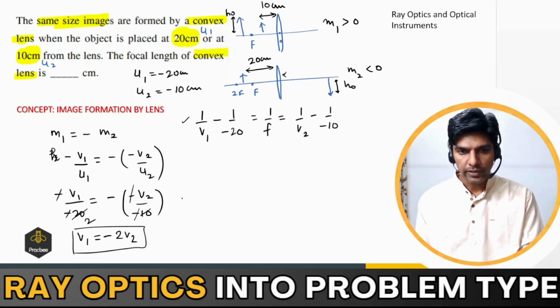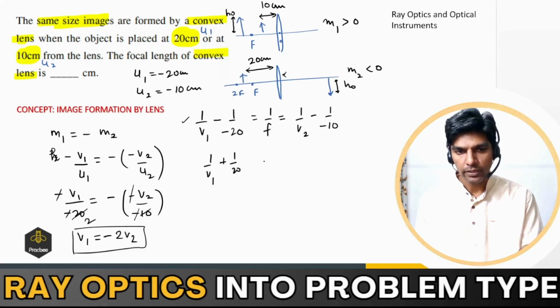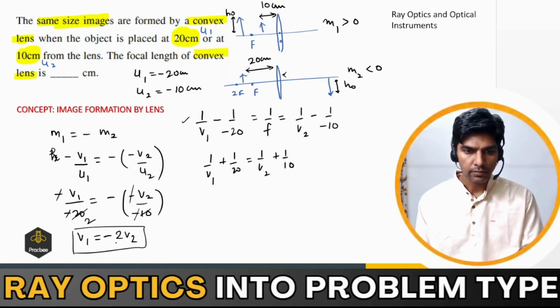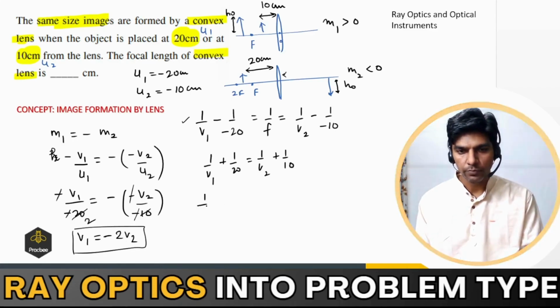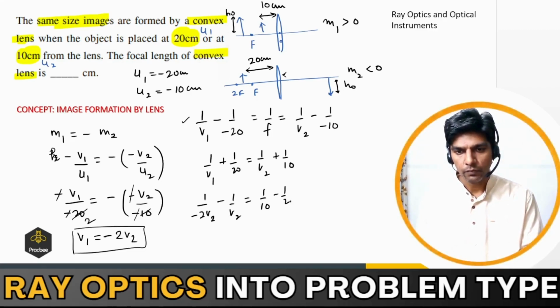So let us first find v2. So 1 by v1 plus 1 by 20 is equal to 1 by v2 plus 1 by 10. Now we can write v1 as minus of 2 times v2. So 1 upon minus 2 times v2 minus 1 by v2 will be equal to 1 by 10 minus 1 by 20, which will be 1 by 20.